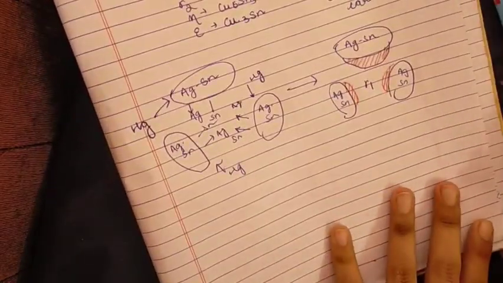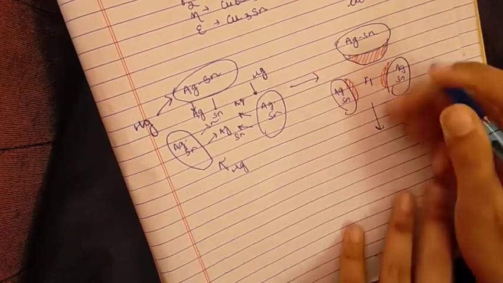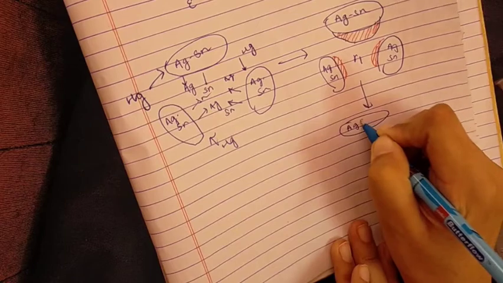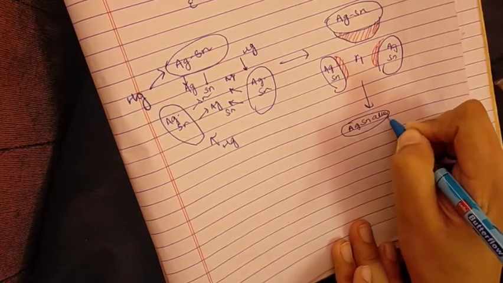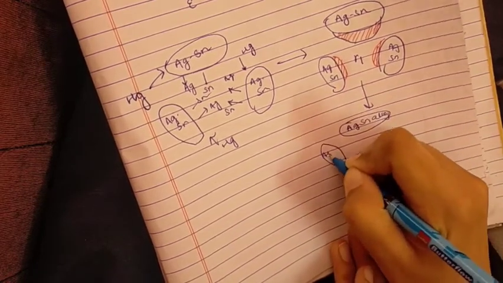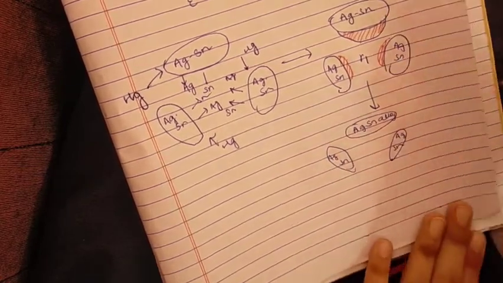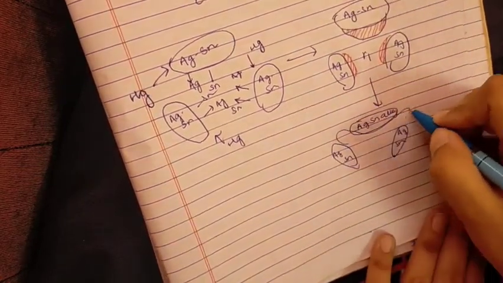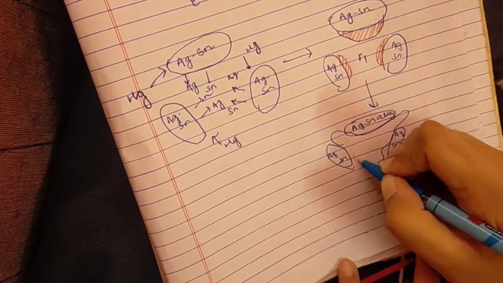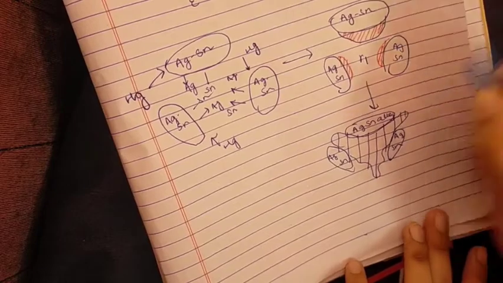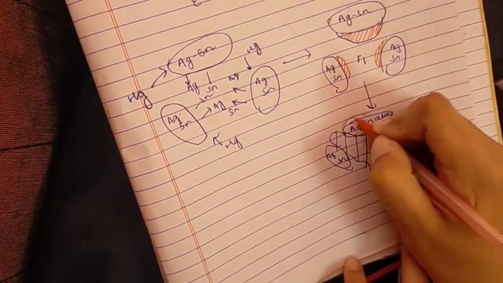Now what we see after this is the same alloy particle, but now it has bound, it has amalgamated AgSn. Now you'll see there will be a matrix which will be formed. Now this matrix, first let me draw the mercury.